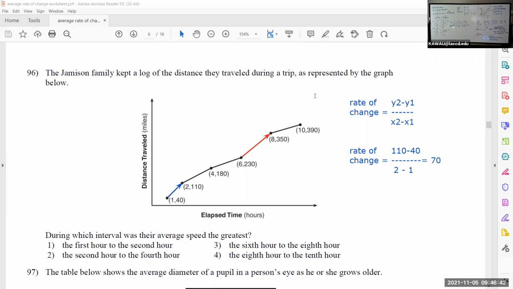Now, if we look at the red one, that one looks like 350 minus 230.